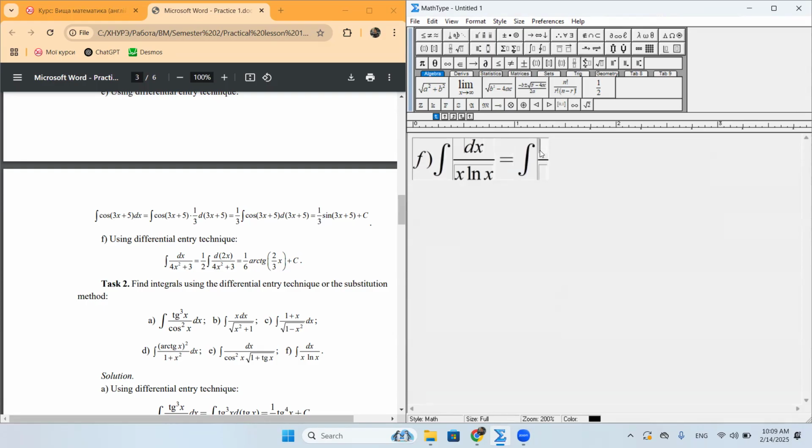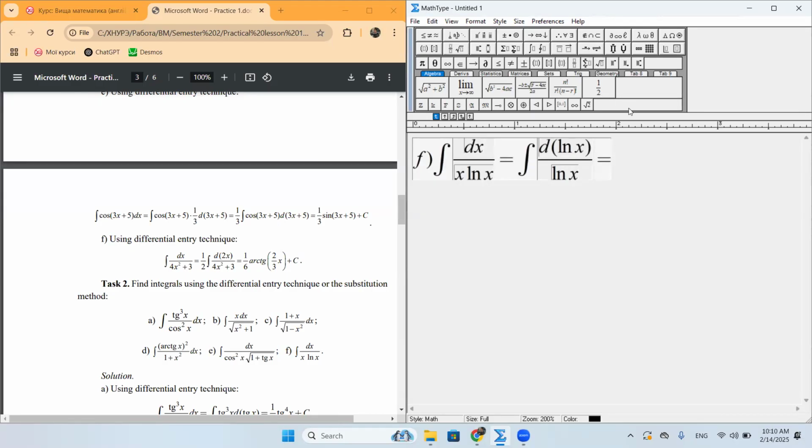So we will receive this expression: differential of logarithm x divided by logarithm of x. So 1 divided by x moved under the differential, and we receive just a logarithm of x.